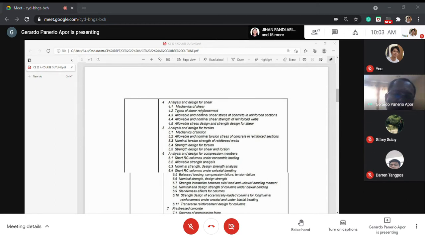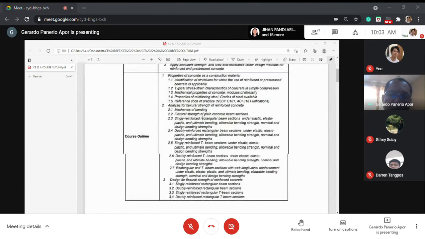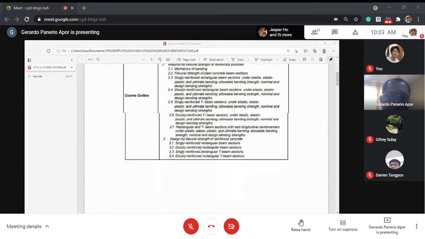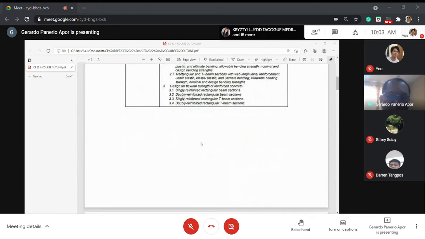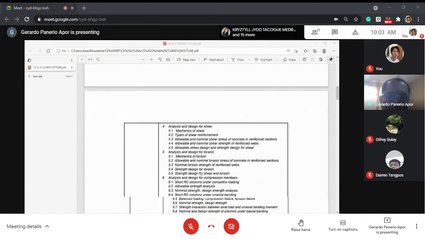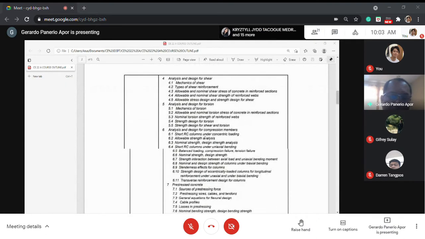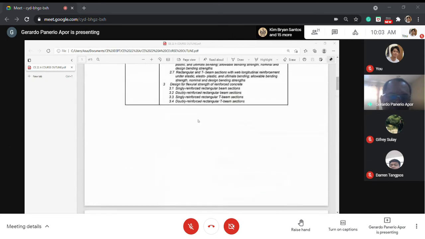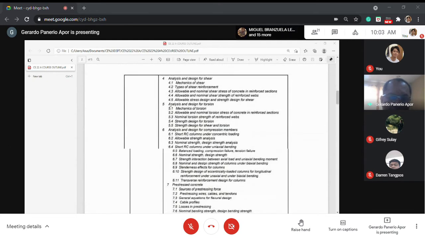So that means that we discuss the design one by one, no? One for bending moment, one for shear. Okay. But later on, once we know already how to design for bending moment and shear, we apply all of this. No? So number five is torsion, and number six is that, actually three to five is only good for beams, no?